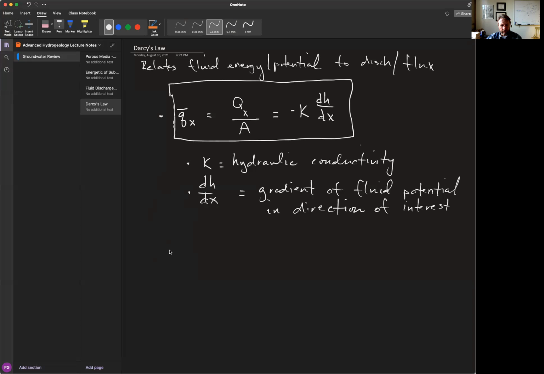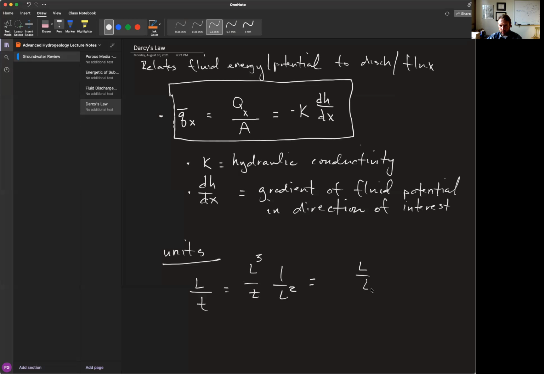Let's look at units. Q, remember, is discharge per unit area. It's length over time. And recall this is equal to length cubed over time times 1 over length squared. On this side of the equation, well, we have head, which is a length, over distance in the x direction, that's a length.